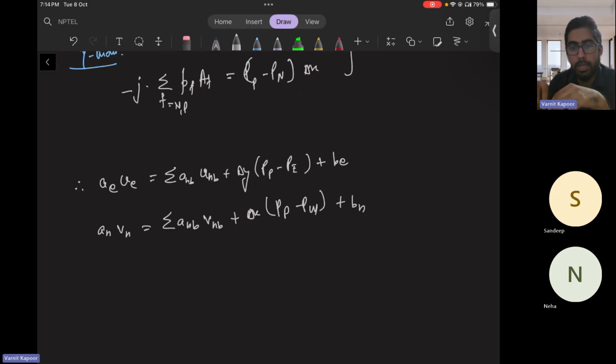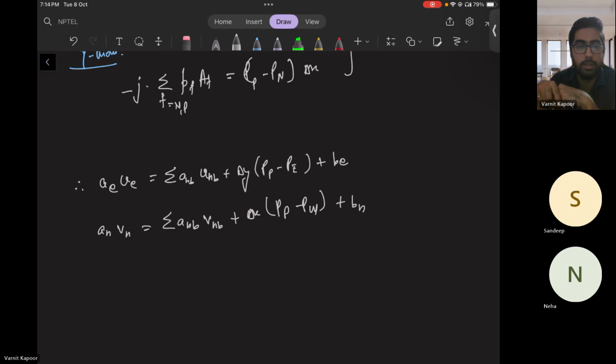They are not capital E, capital W. For example, if you look at AE UE, essentially we are talking about this face. Its neighbors are little e, little w, north, northeast, and south, southeast.